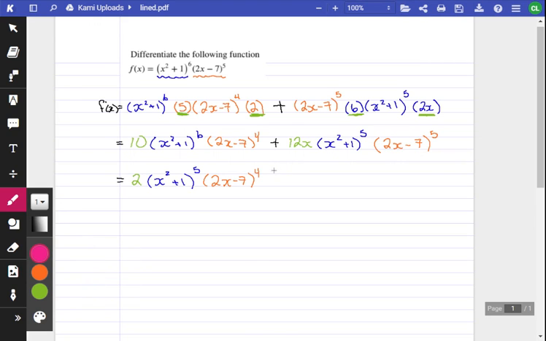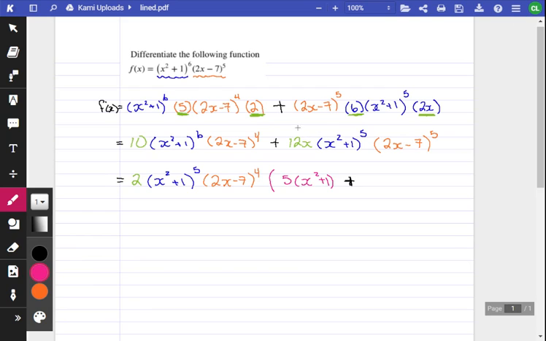Once we have those factored out, I had 10, factored out a 2, so I'm left with 5. I factored out 5 copies of this, so I'm left with 1 copy. And I factored out all 4 copies of those, so that's all I'm left with on this left side. Then we put the plus sign back in there.